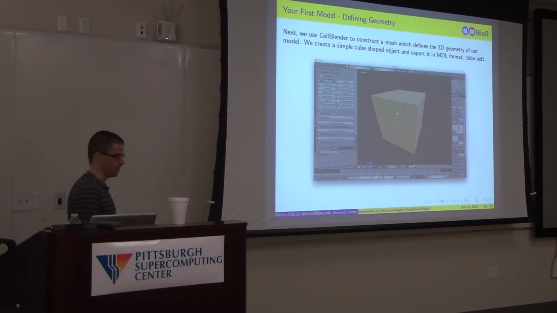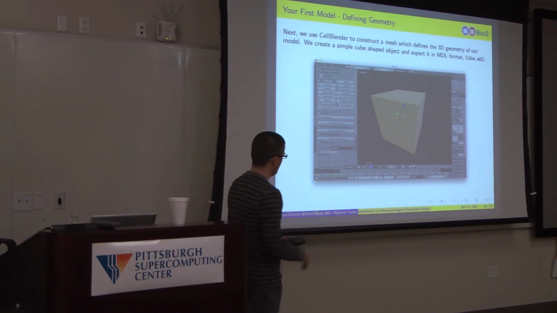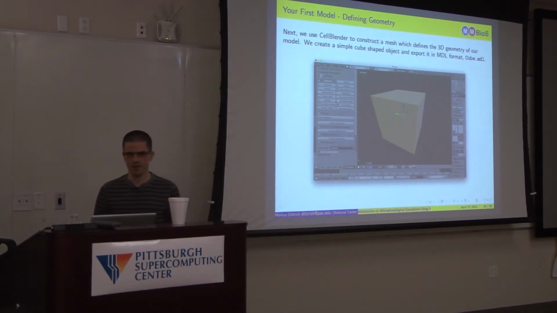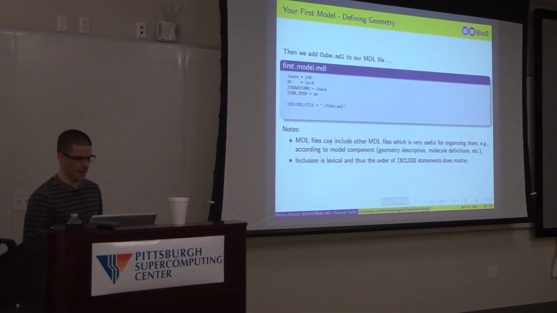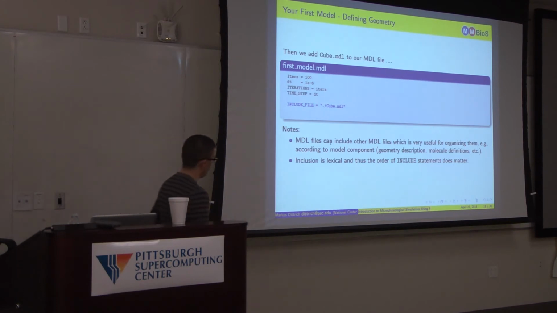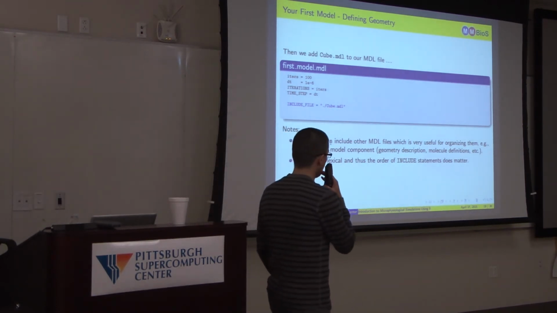This afternoon, you'll actually design your whole model in Cell Blender, so you can do that too. But for now, we want to stick to making this model file by hand. So I use Cell Blender just to create this cube and then export it as a file called cube.mdl that contains the description of how this cube looks. And we'll look at this in a second.